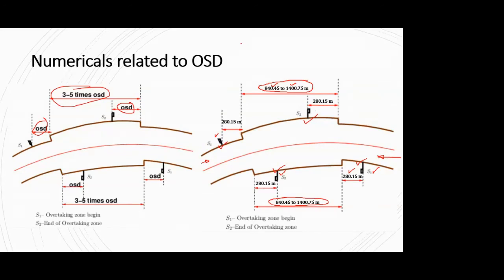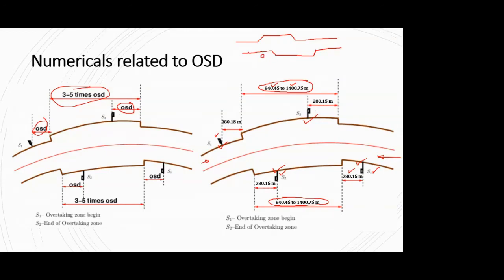There might be instances where you need to provide overtaking zones in a way that there might not be an exact overlap, so the start and end points might be different. This is again a case-specific or site-specific condition. Maybe there is some structure here that you cannot demolish.